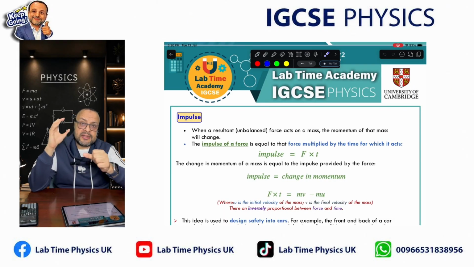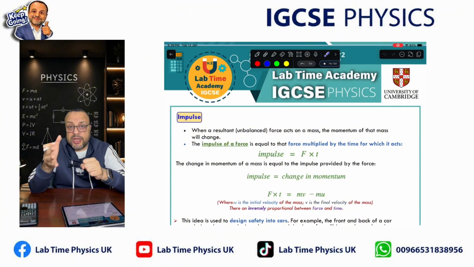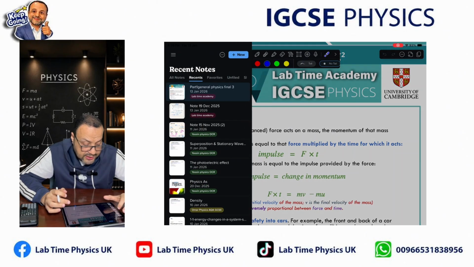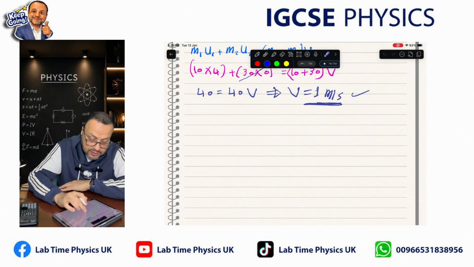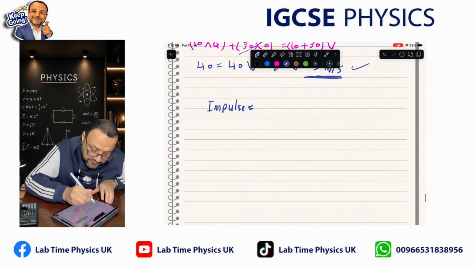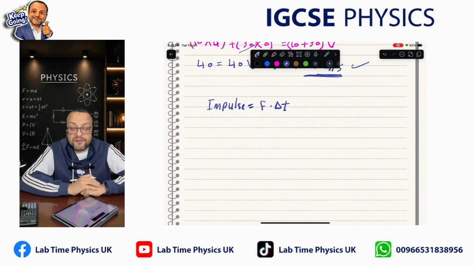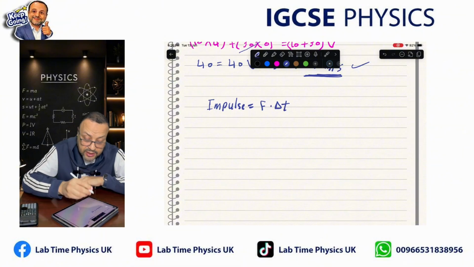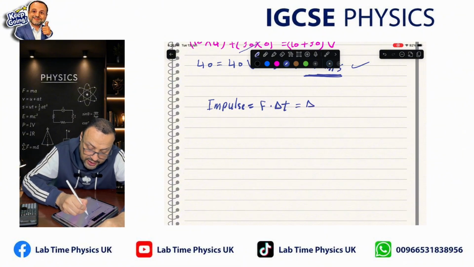Let's talk about the impulse. Actually, when a resultant force acts on a mass, the momentum of this object will change. What about the impulse? Impulse equals the force multiplied by time, F times delta T or F times T, and it will be equal to the change in momentum, delta mv.